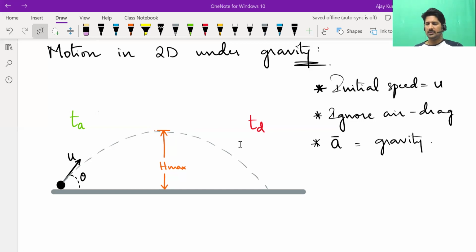Since this is motion in a plane, we will have to take help of vectors and we'll have to choose 2 axes first. Let's consider the ground to be along the x-axis. And let's take the vertical direction, that is the upward direction, as the y-axis. Like this. So horizontal is the x direction, vertical is the y direction.